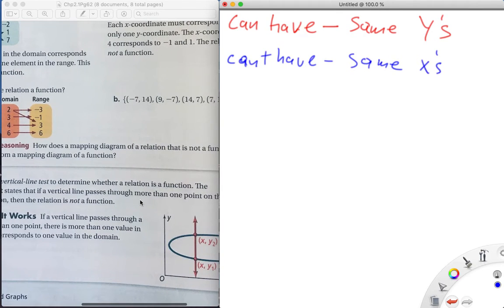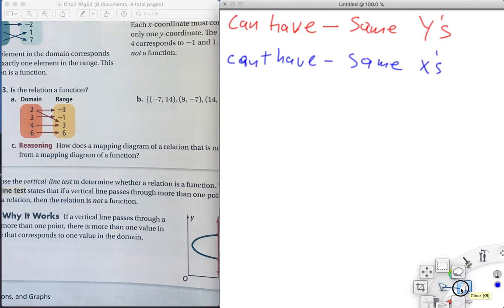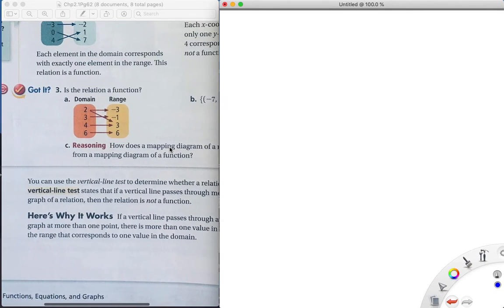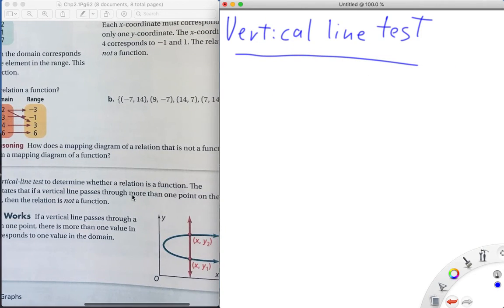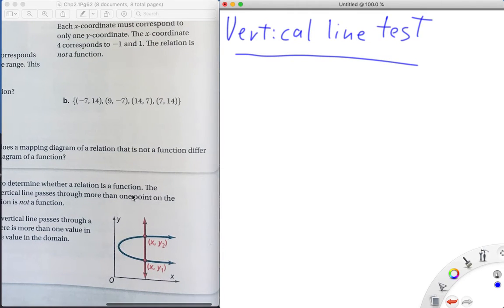Another way to determine if something is a function or not is something called the vertical line test. The vertical line test usually deals with graphing, and the reason why it works is because it shows more than one y for a particular x. Vertical is straight up and down, and you run it across your relation.